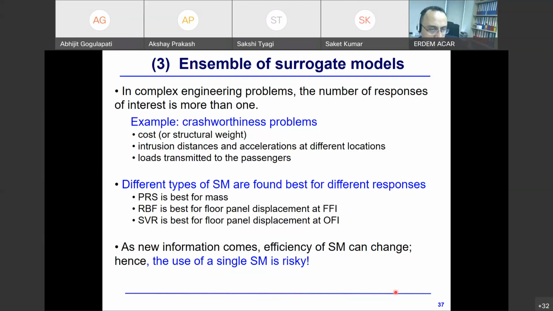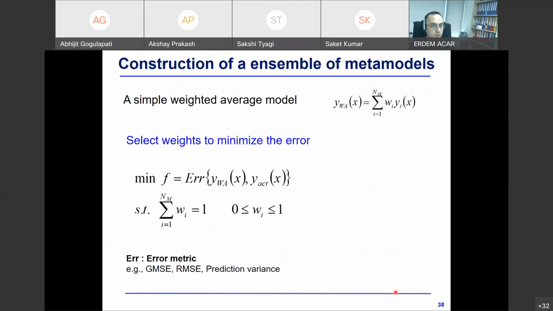On the other hand, radial basis functions was the best for floor panel displacement in the case of full frontal impact, and support vector regression was the most accurate for the floor panel displacement at the offset frontal impact condition. That is, as new information comes, the efficiency of a surrogate model might also change, and then the use of a single surrogate model is risky. This is the main motivation.